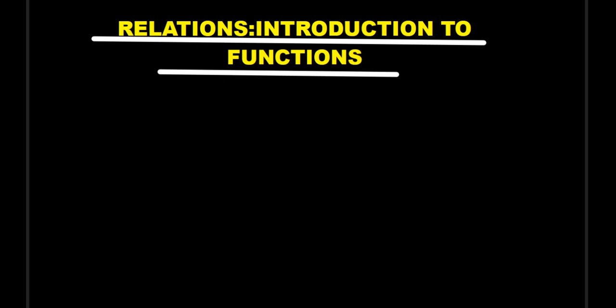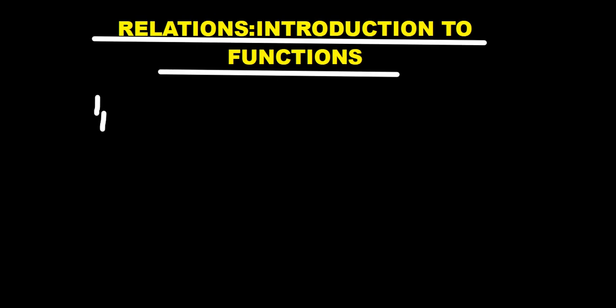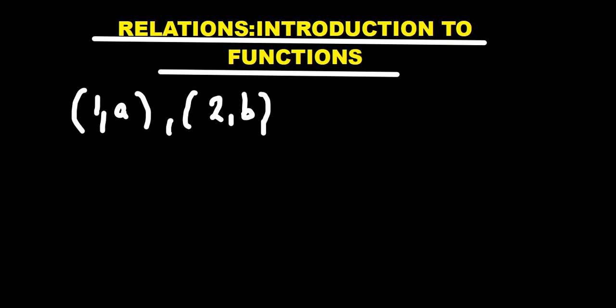Let's say you've got 1 comma a, 2 comma b, and you also have 3 comma c.